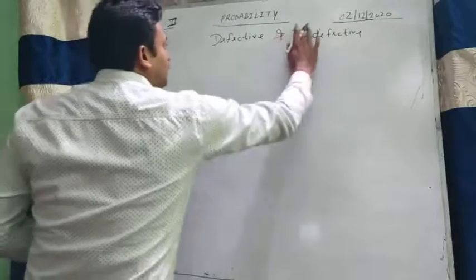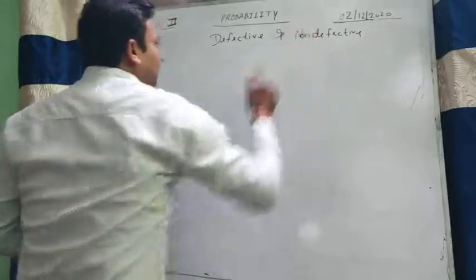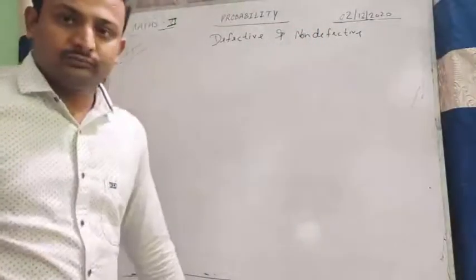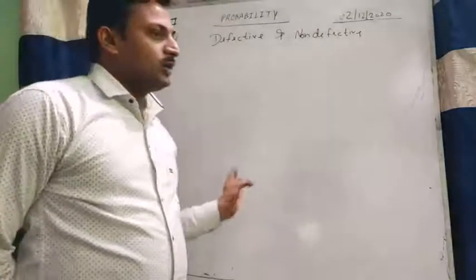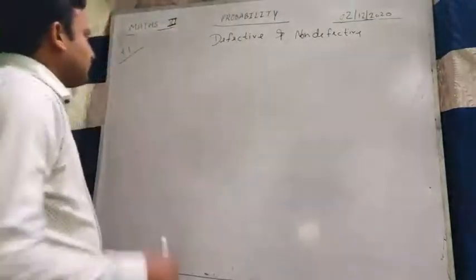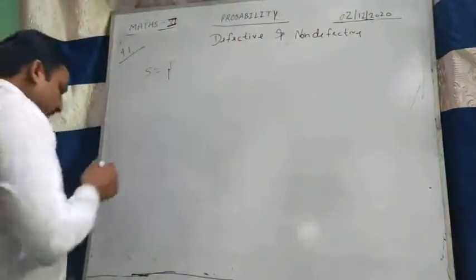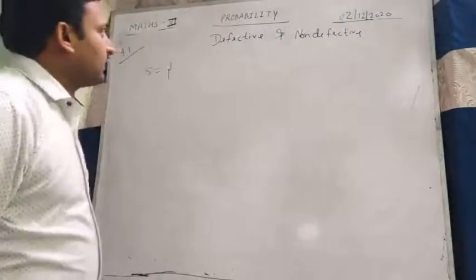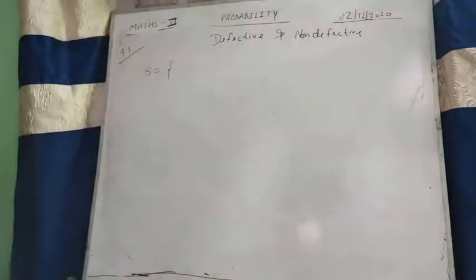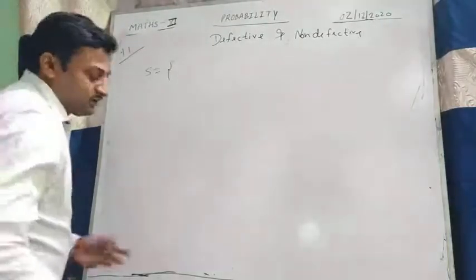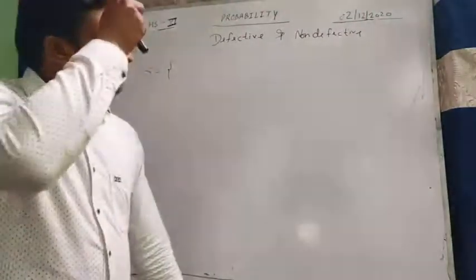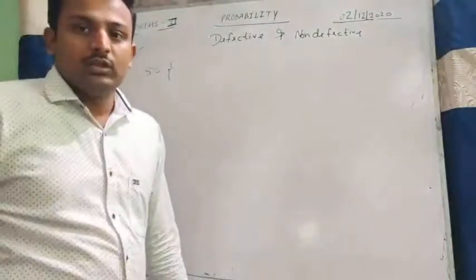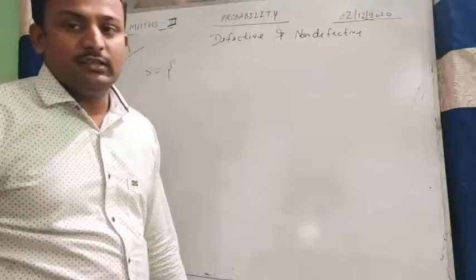The defective and non-defective bulbs are mixed together. We are selecting three bulbs from this lot, so we have to find the sample space. How can these bulbs be selected?